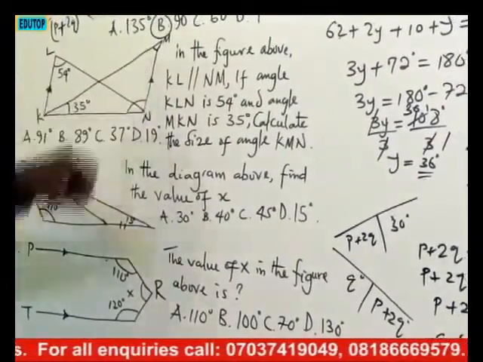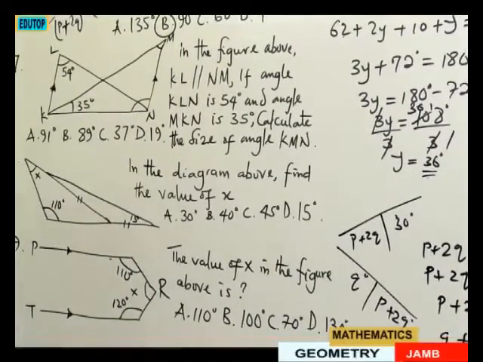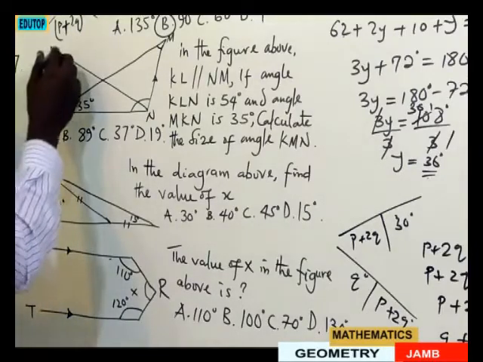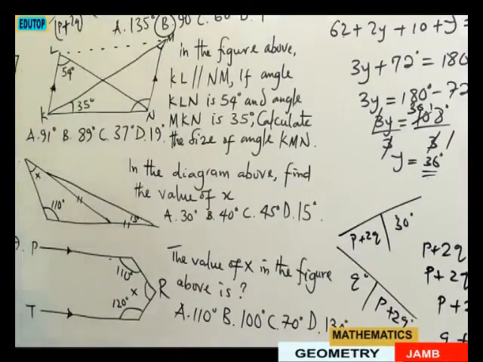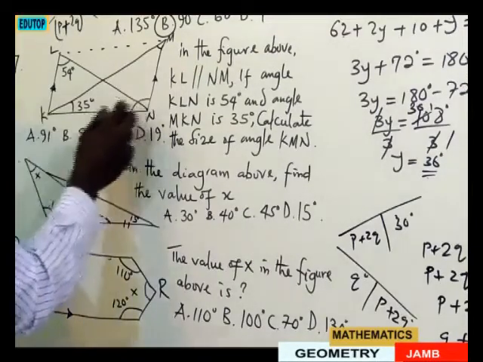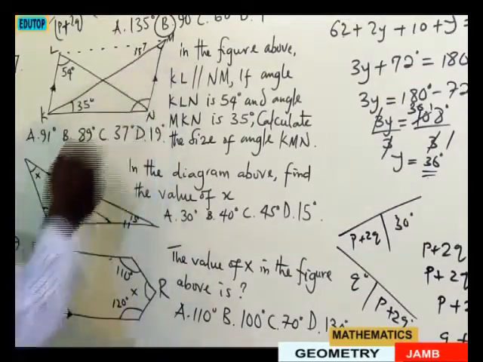So automatically we are looking for this place. So in that situation, by the time we produce a line this way, then we can now see that this place, look at another Z, this place will definitely be what? 35 degrees.